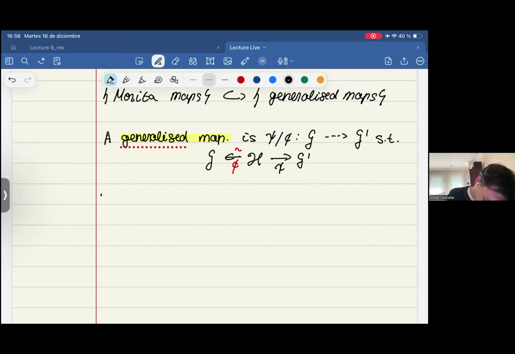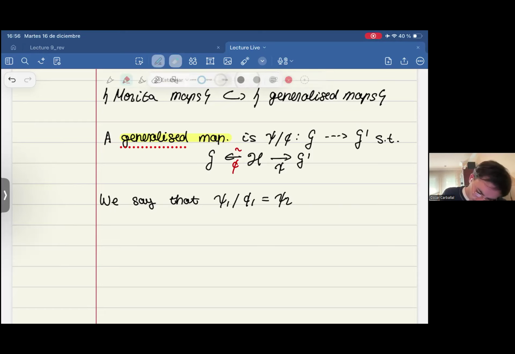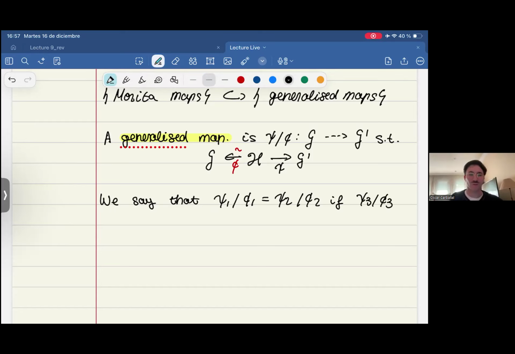We say that two generalized maps are equal if there exists another generalized map, say 3, 5, 3. The one in the denominator is always the Morita map, right?